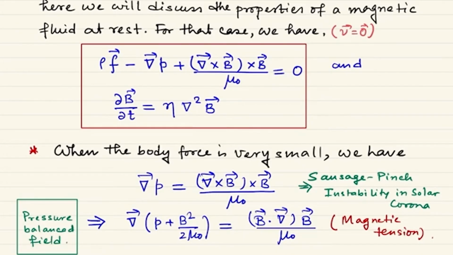Not in a very straightforward way, but if you follow some steps, one can show that for a cylindrically symmetric case, this type of equation can lead to an instability known as the sausage pinch instability, which is very familiar in solar coronal plasma.